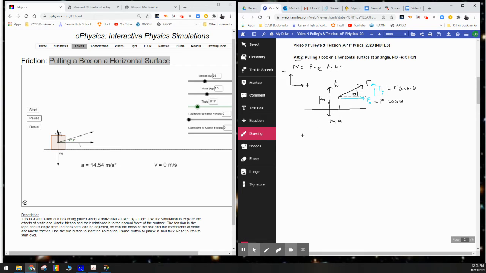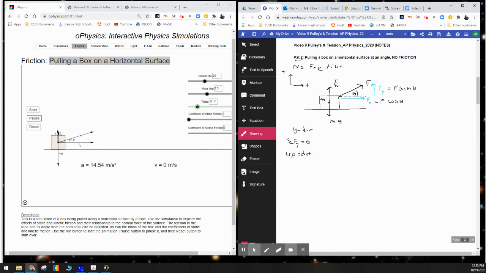All right, so now this time we have to consider both x and y. So let's look at the y direction and see what we got. Now, this is going to be sliding in this direction, and we don't anticipate it moving up and down. So therefore, the sum of the forces in the y direction is going to equal 0. When it equals 0, I suggest going up equals down.